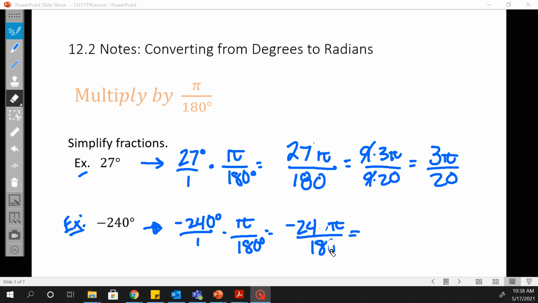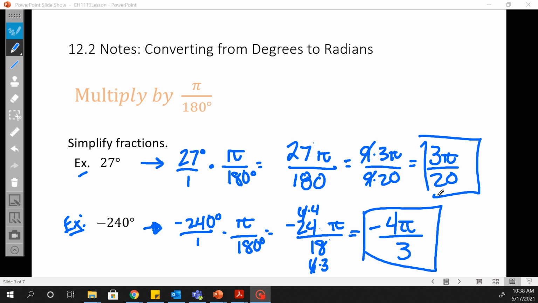The zeros are both divisible by 10, and then 6 goes into both of these. This is 6 times 4, and this is 6 times 3, so the 6's cancel. So that's negative 4 pi over 3. So negative 240 degrees in radians is negative 4 pi over 3.